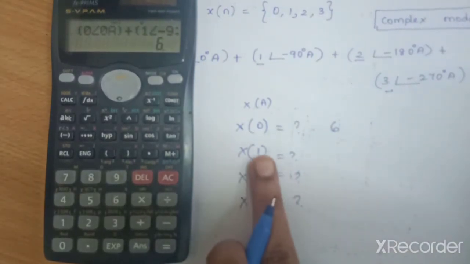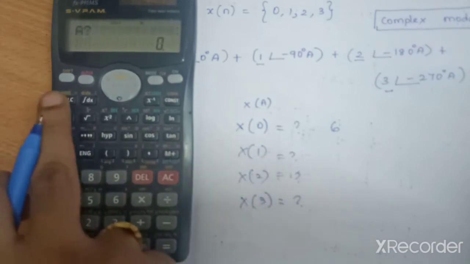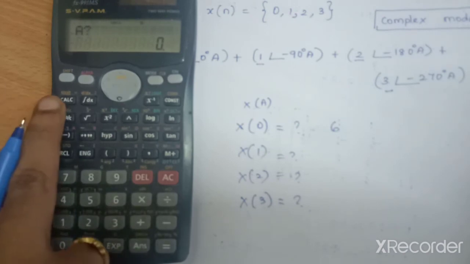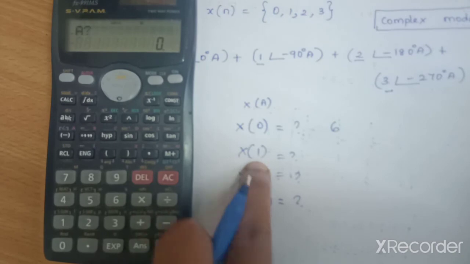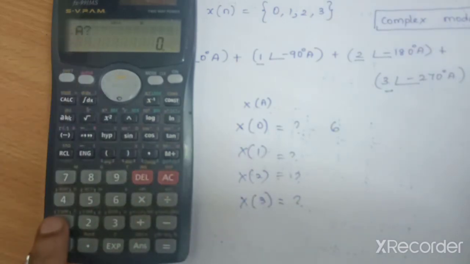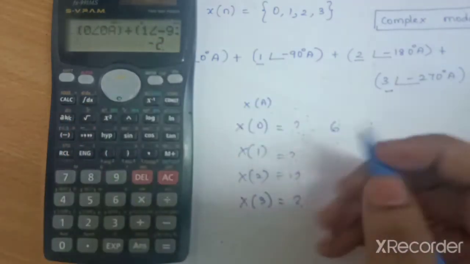Next you have to find the value of x of 1. So again you have to press CALC. When you press CALC, it will ask what is the value of A. For finding x of 1, you write the value of A as 1, then the equal symbol. So here we have minus 2.